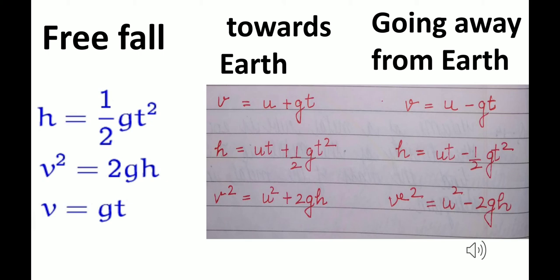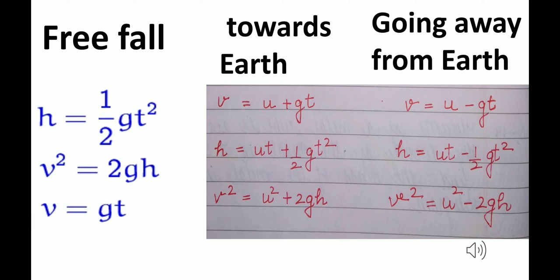So the equations of motion when the body is coming towards the Earth are v = u + gt, h = ut + (1/2)gt², and v² = u² + 2gh. Next case, when the body is going away from the Earth, leaving the Earth's surface, v = u - gt.